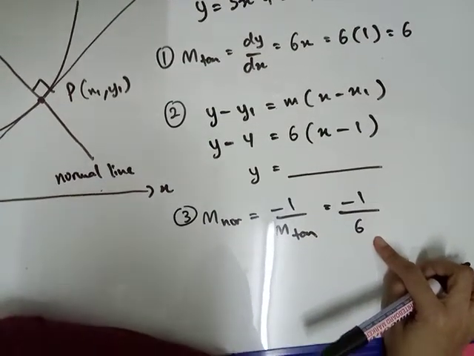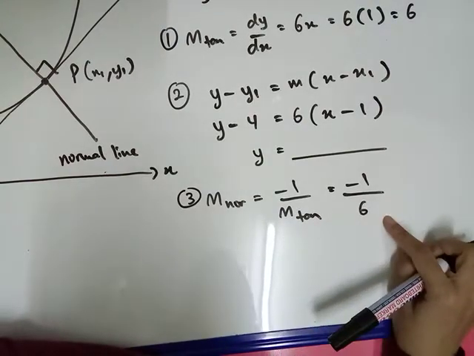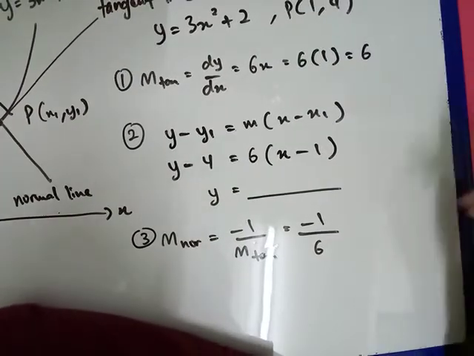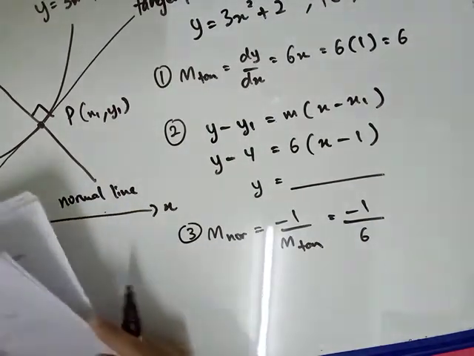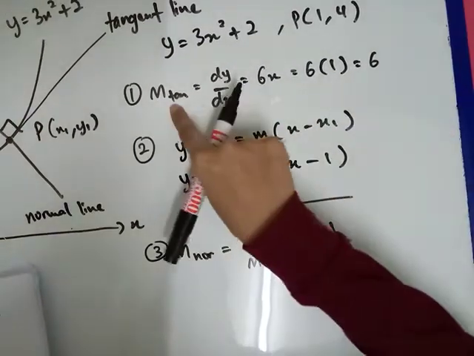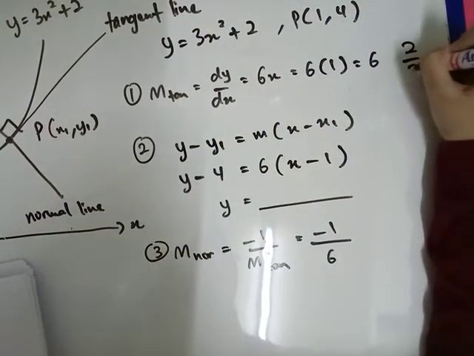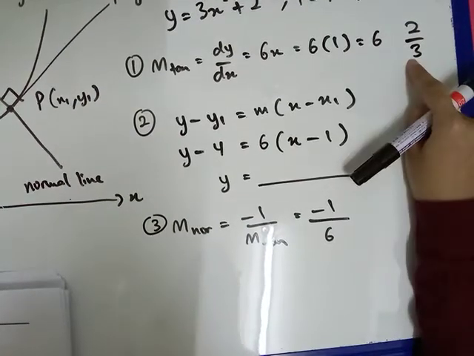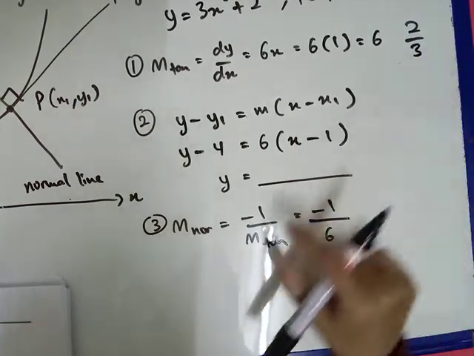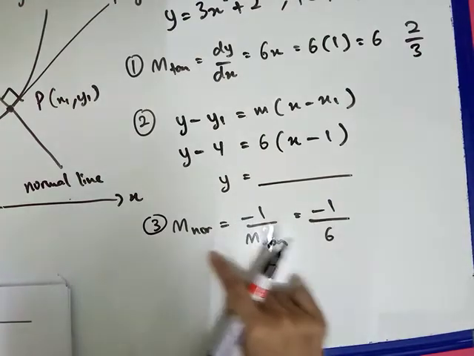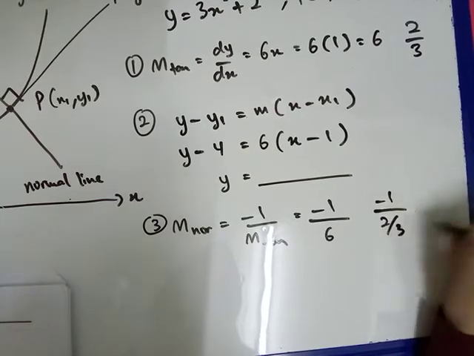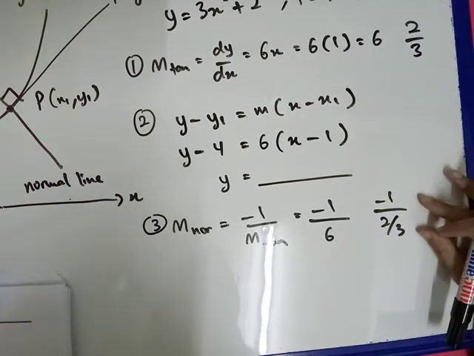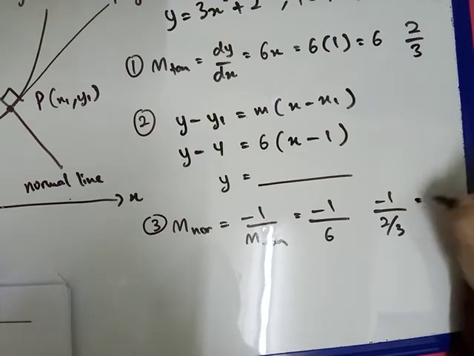Okay, for example, this is an example using this formula. Or another example, if we get the gradient of the tangent is 2 over 3, you have to substitute into the formula to get the gradient for the normal. It is negative 1 over 2 over 3, and then you have to flip it. It will be negative 3 over 2.